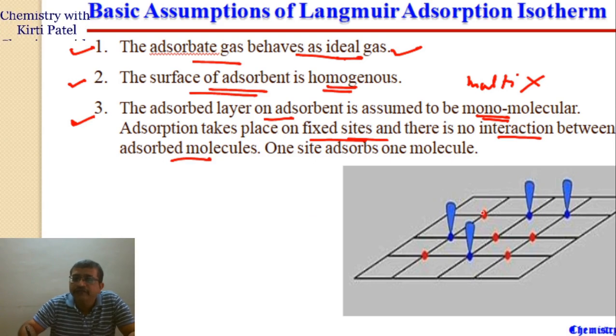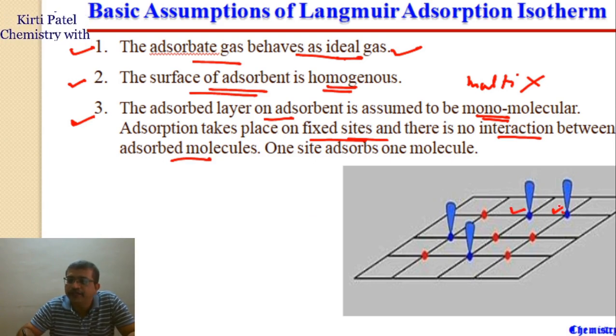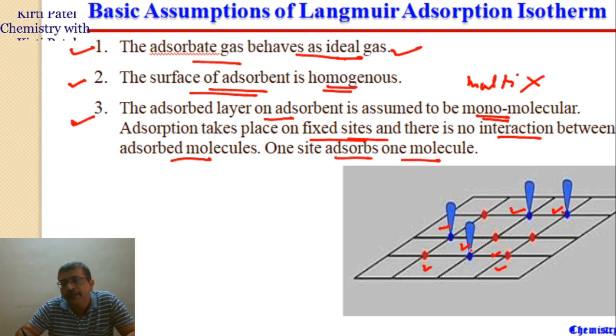If these blue sites are occupied sites and the red sites are unoccupied sites, then according to this assumption, each site will be able to occupy only one molecule. That is, one site adsorbs one molecule, and there is no interaction between two already occupied molecules. These two molecules will not interact with each other, but they can interact with the solid surface.